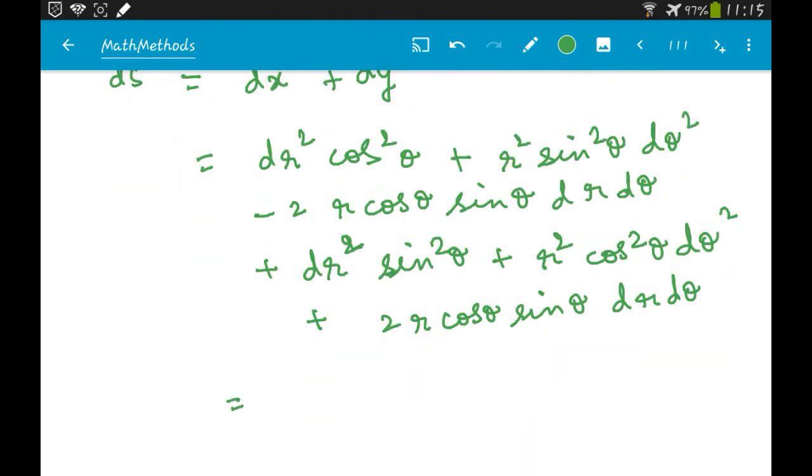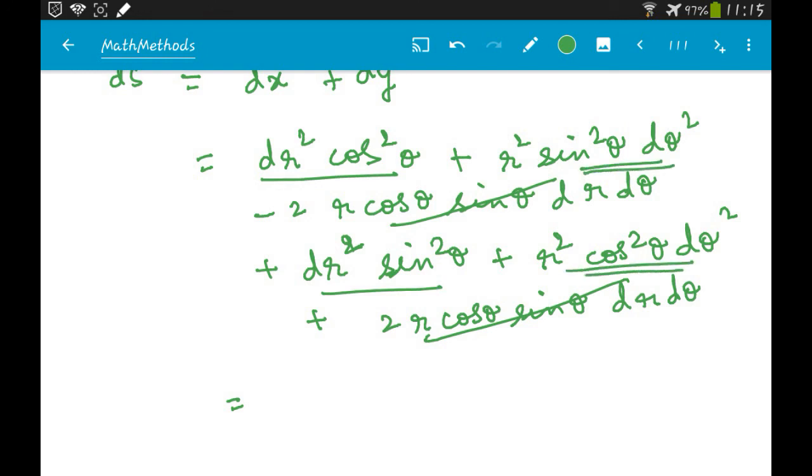Okay, so this and this gets cancelled, and then you can combine this with this, and you can combine this with this one.